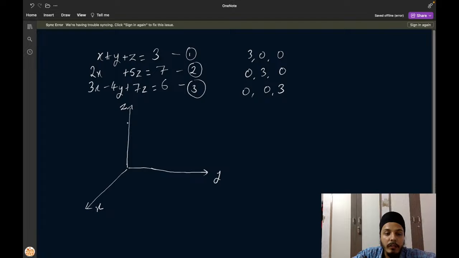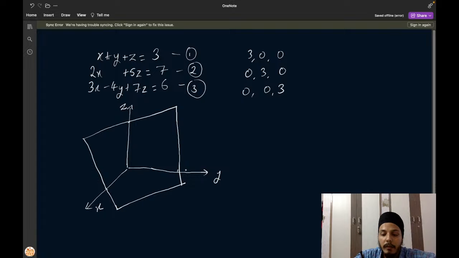So we can take these 3 points and make a plane that passes through them. So this will be a plane that satisfies the equation x plus y plus z equals 3.